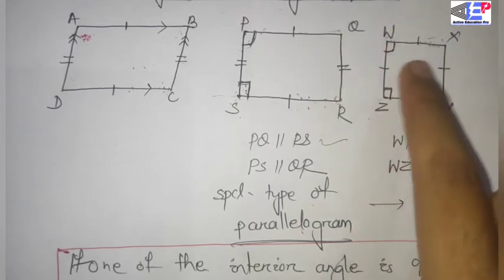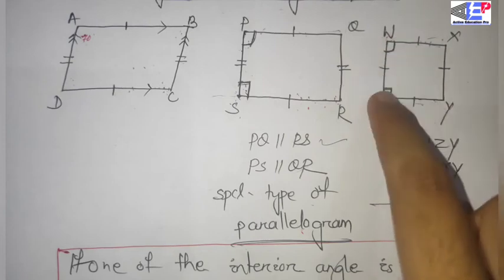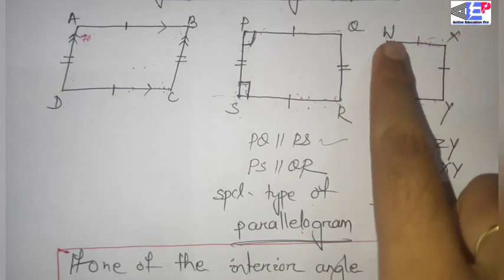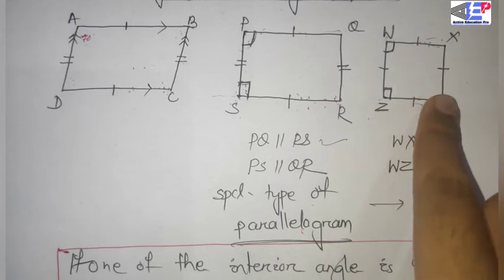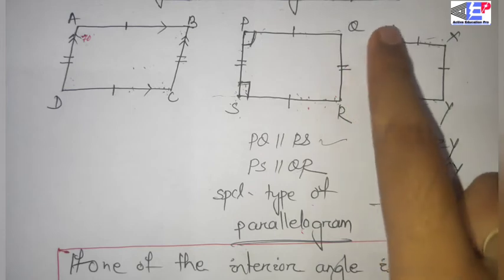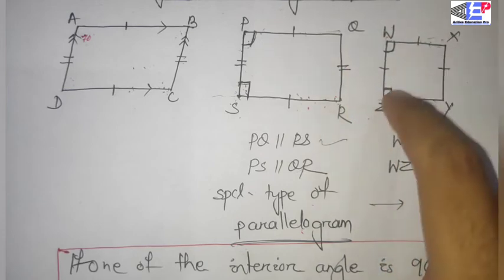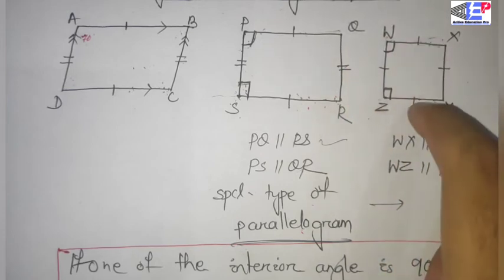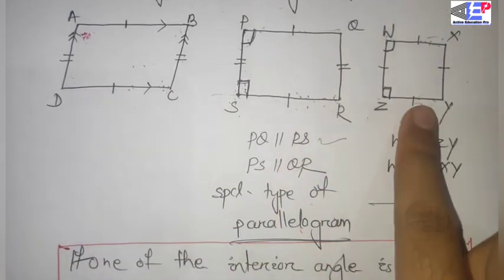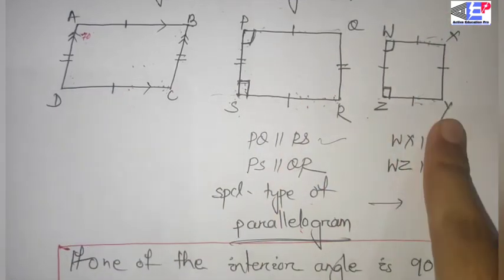Each angle of a square is 90 degrees. Y is 90 degrees and X is also 90 degrees, so angle W equals angle Y, which are opposite angles, and Z and X are also opposite angles. So opposite angles are the same, and opposite sides are parallel and equal in length, which is the property of a parallelogram. So a square is also a special type of parallelogram.